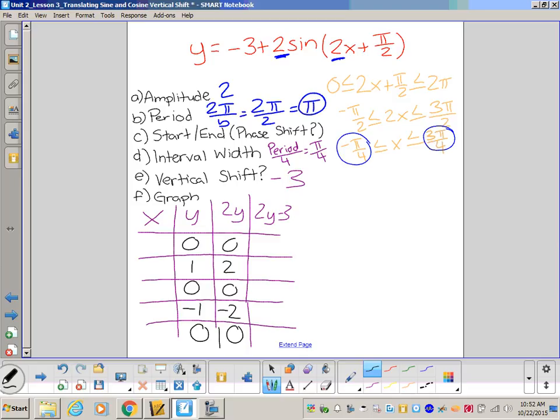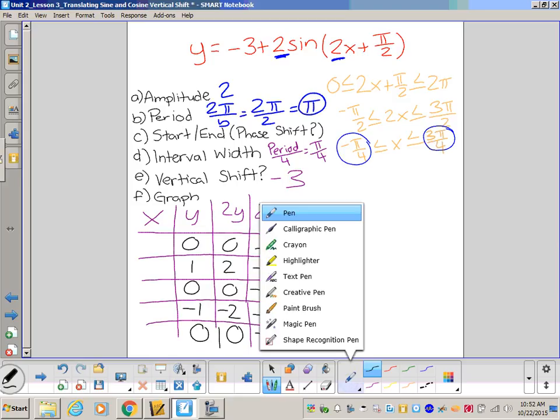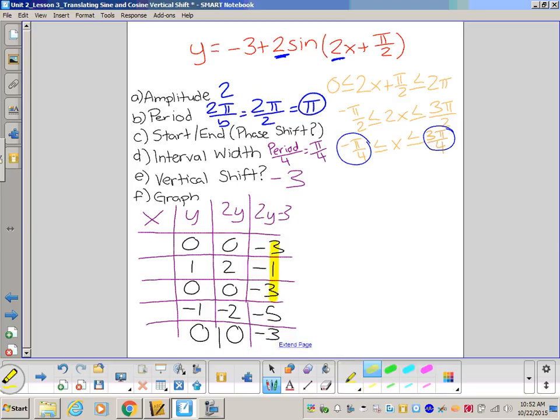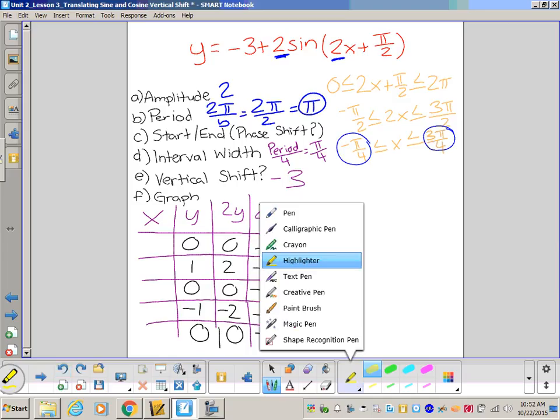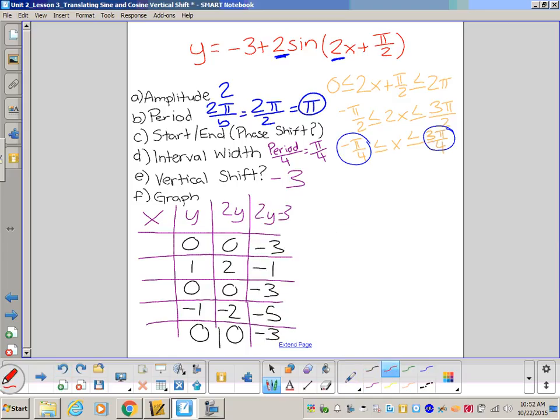To handle the vertical shift, I take all of these that I just got and I subtract 3 from all of them. It's kind of ugly, eh? So those are the y values I'm going to use.